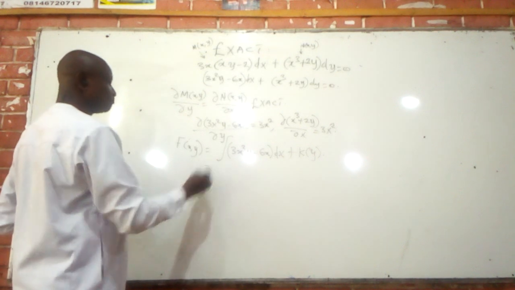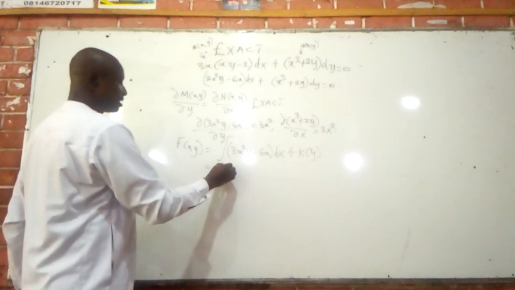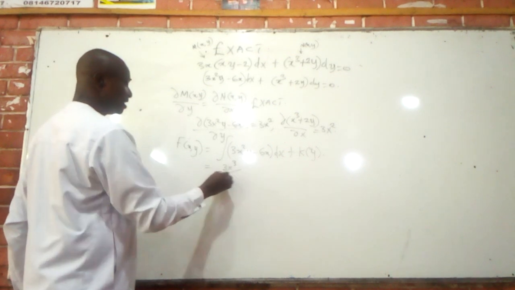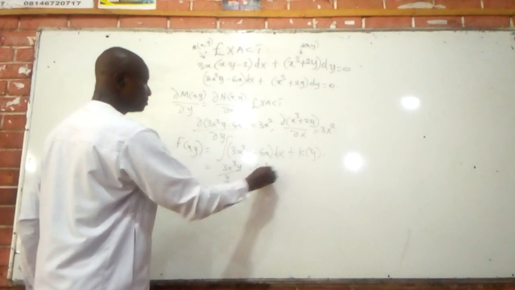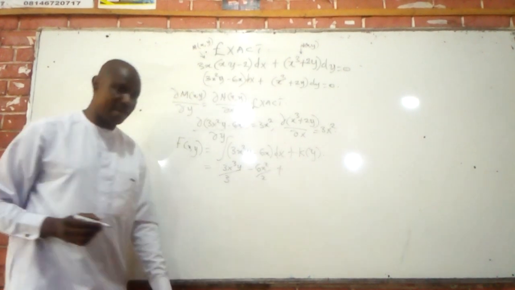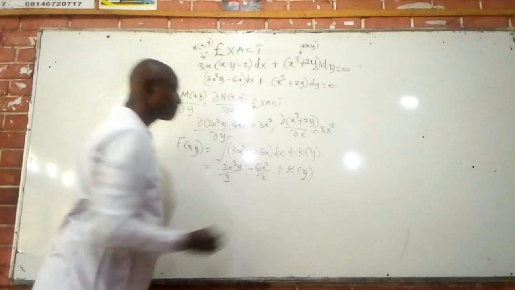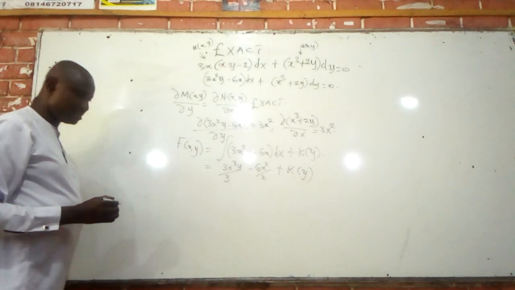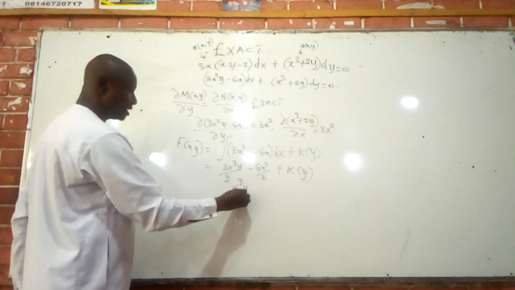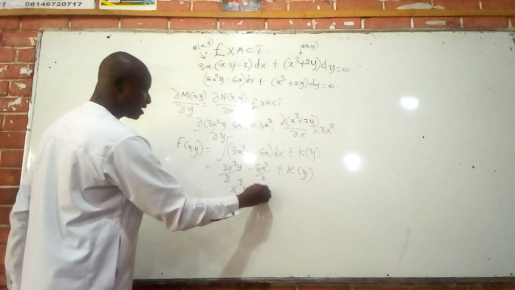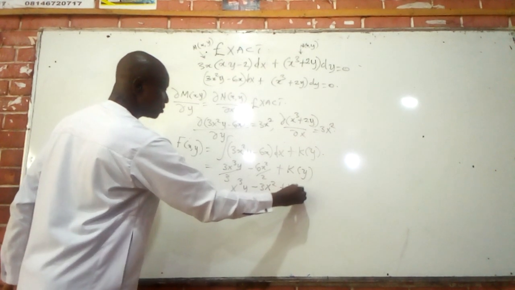When integrated, this gives 3x³/3 multiplied by y, minus 6x²/2, plus k(y). This now gives us x³y − 3x² + k(y).